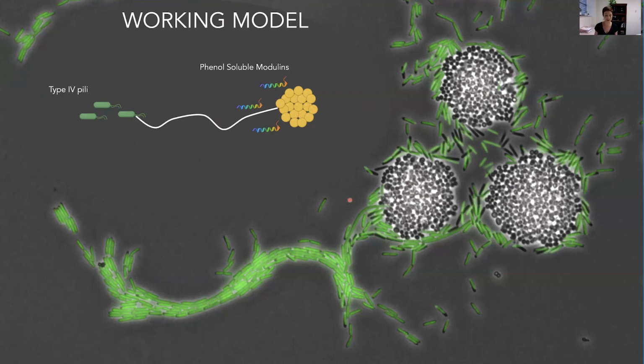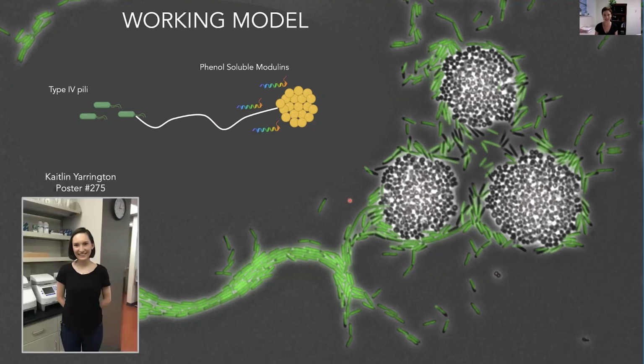If you are interested in learning more about what we're up to investigating these behaviors, I encourage you to check out posters from the graduate students in my lab. Katie is poster 275, and she is studying how Pseudomonas can sense gradients from staph and other organisms to move towards it, and what the genetic and molecular mechanisms are that drive this behavior.